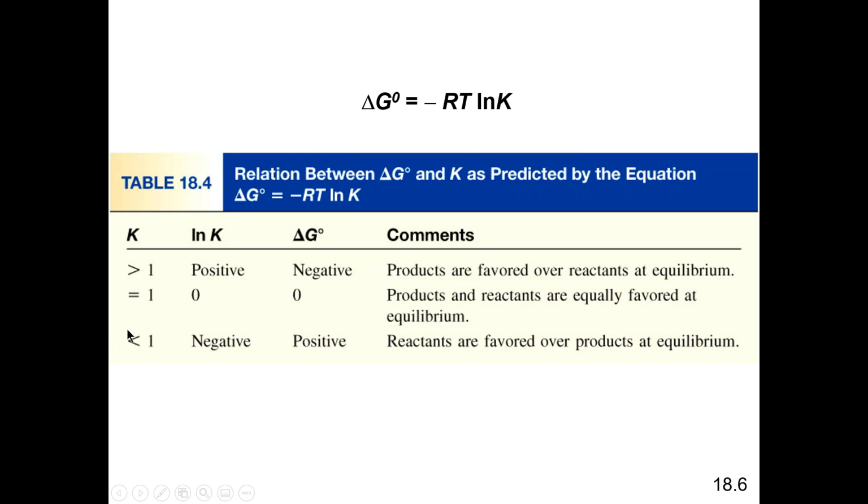And then finally, if K is less than 1, because of this negative sign, delta G standard is positive, which means that the reactants are favored over the products at equilibrium. All right, so that gives you a feel for the relationship between delta G and K.